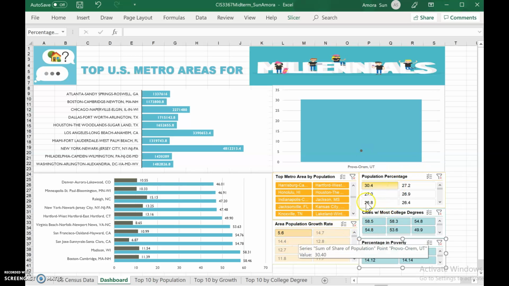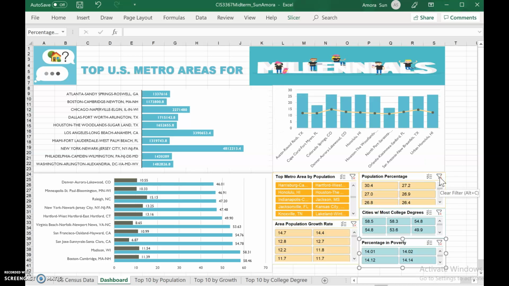So these two slicers, each for the population percentage as well as the area population growth rate, are associated with this pivot table. We can take the slicer filter out, and then we're able to see again the growth of these metro areas of the millennial population, as well as the percentage of millennials among all of the people living in that metro area. So I think this is good information for people to keep in mind.